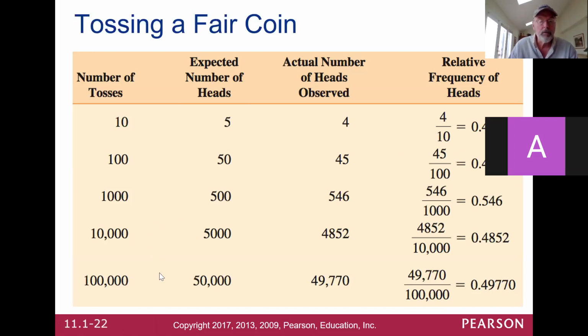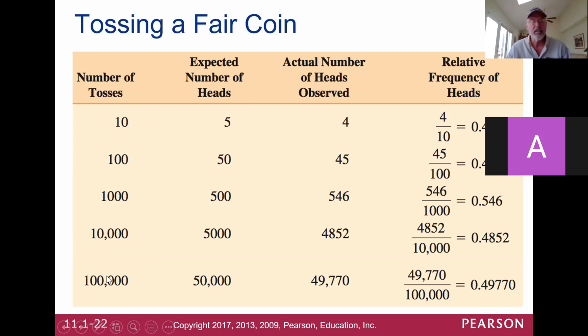And if you come to this last row, you can see some variation as we go from 10 to 100,000. Ten is a very small number of tosses, and 100,000 would be considered a very large number.